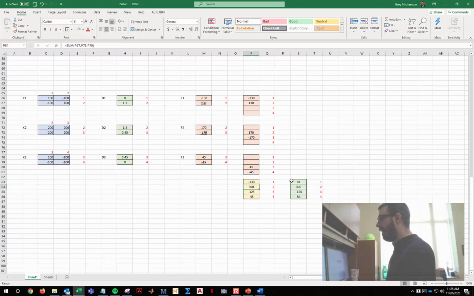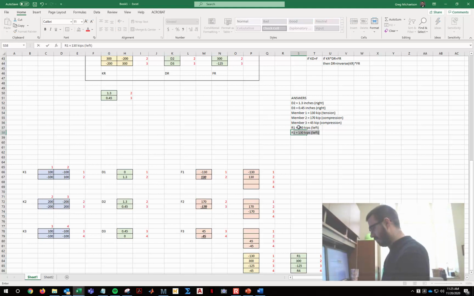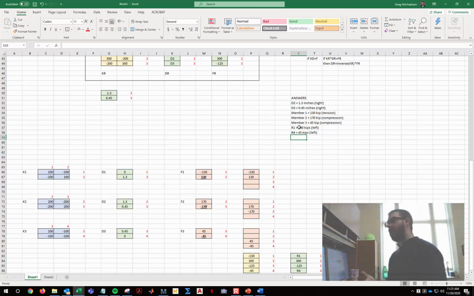You can see, we got the same forces in the joints that matched, but for your reactions, we know that reaction 1 has got to be whatever that first entry is, and reaction 4 has got to be whatever that last entry is. And so we know that reaction 1 is 130 kips to the left, and we know that reaction 4 is 45 kips to the left. So I can go ahead and write that here. And so that's one way of doing it.